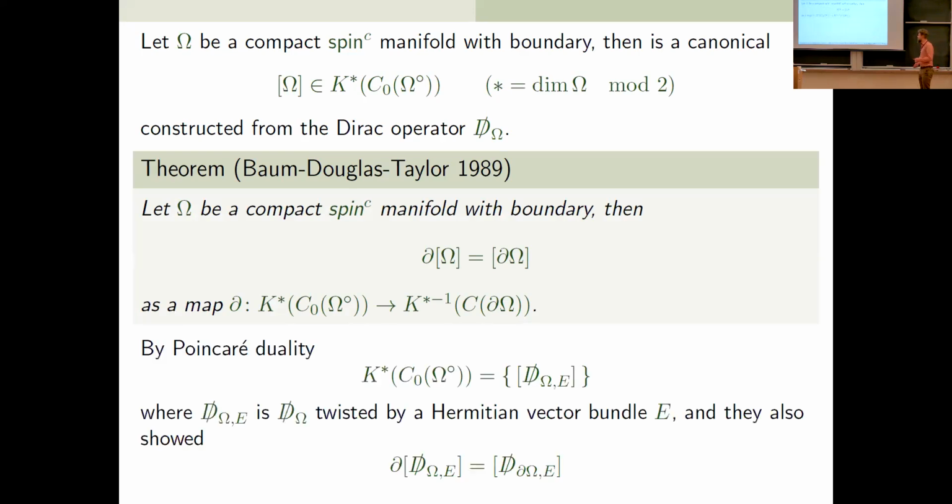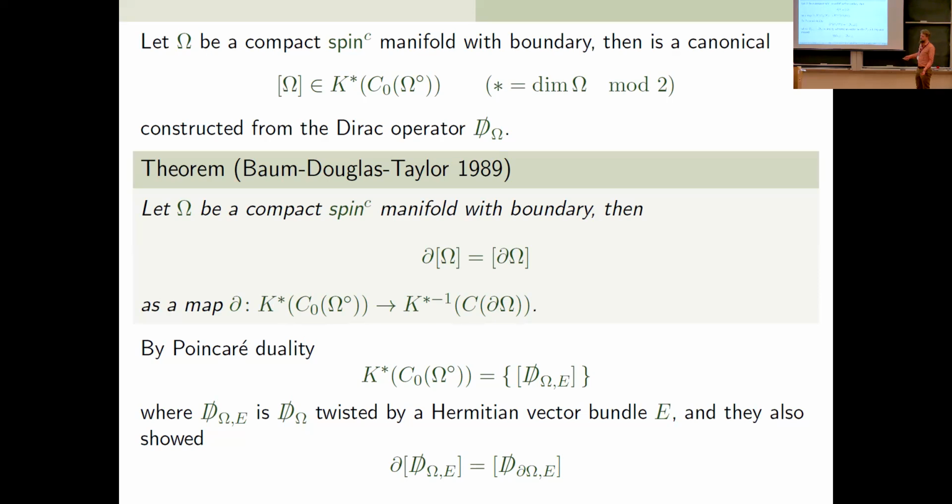And this says quite a lot about the K-homology here, because this K-homology is generated by these operators as a module over the K-theory. And they showed explicitly also that this boundary map works even when you twist these Dirac operators with a bundle. So we want to do the same thing.